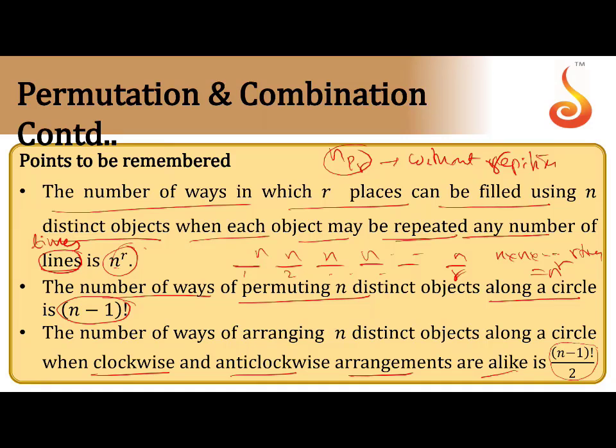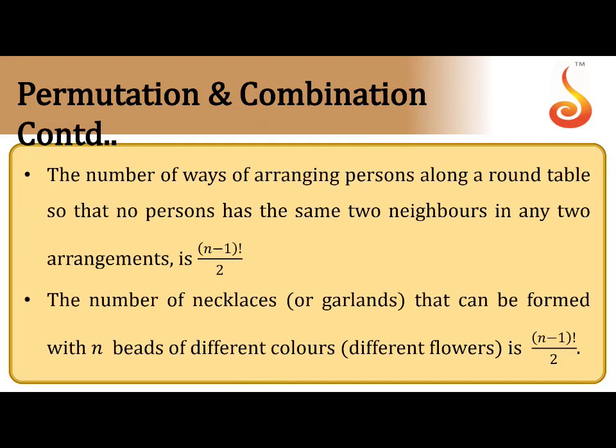That means the number of arrangements will be half of n minus 1 factorial. When will this happen? When you make a garland, because clockwise and anti-clockwise are the same.